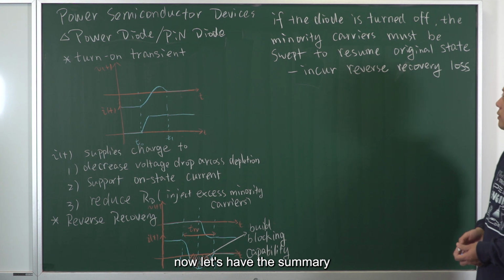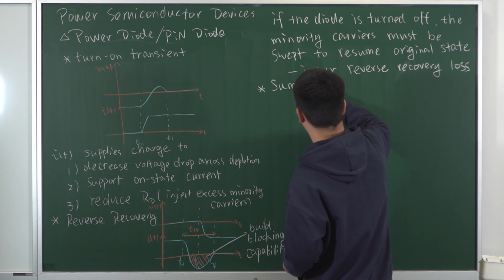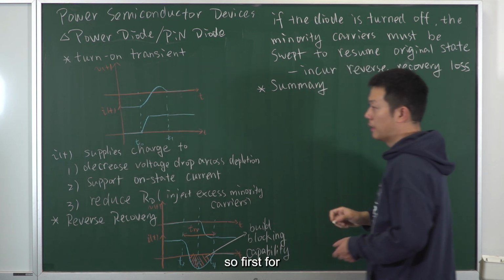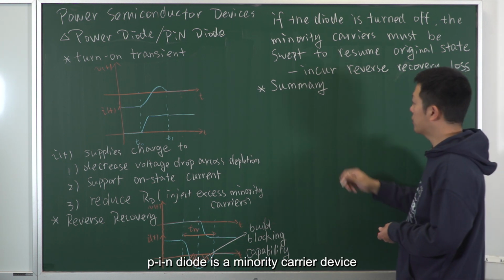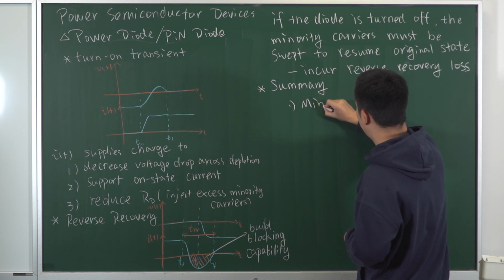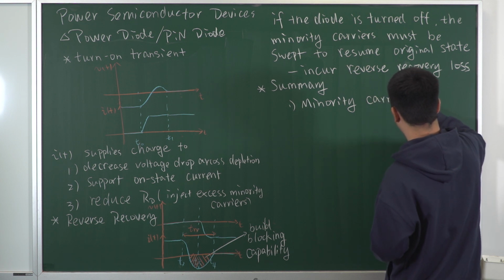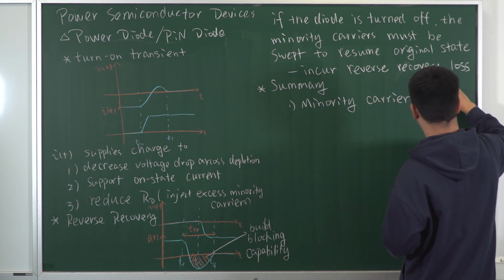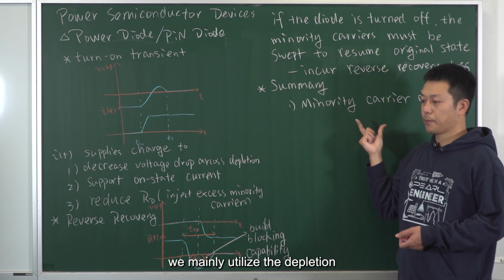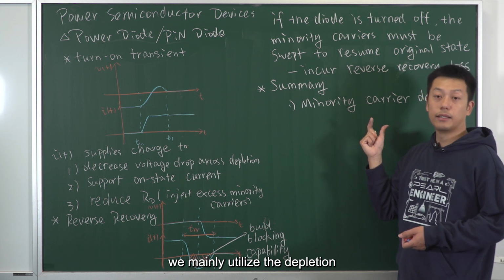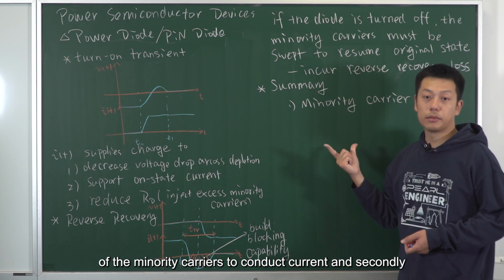Now let's have the summary. So first, the PIN diode is a minority carrier device. This means that for the N region or for the P region, we mainly utilize the minority carriers to conduct current.